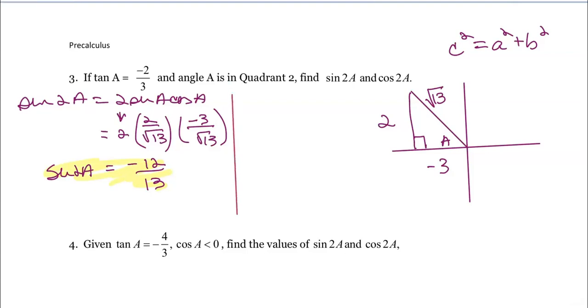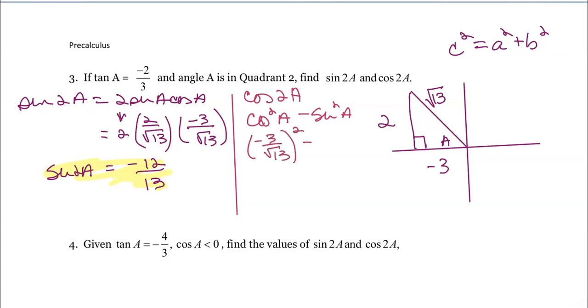So I'm going to look for cosine of 2A. I already told you that I prefer to use the cosine squared A minus sine squared A form of the formula. And cosine A, I'm just going to read it off the side on my left here. That's -3 over radical 13.